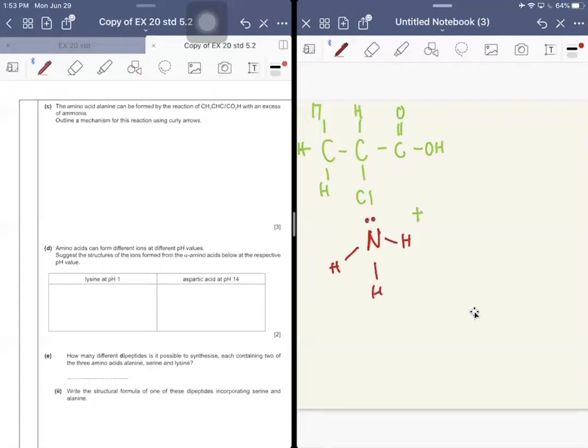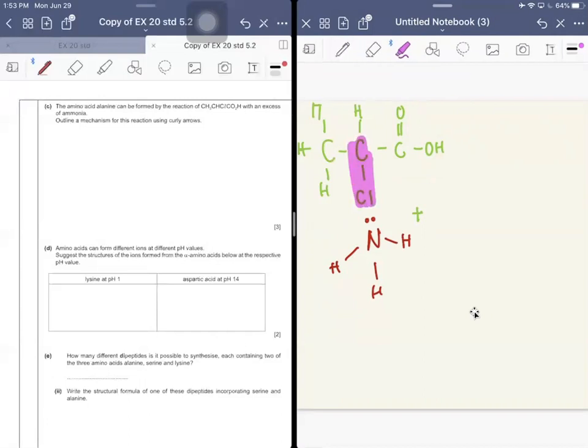I hope this rings a bell. If you look at the chloropropanoic acid, there are two functional groups here. The carboxylic acid is of no use in this reaction, but the halogenoalkane C-Cl is the reactive part of the mechanism.